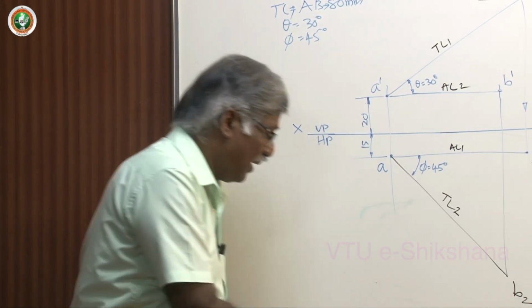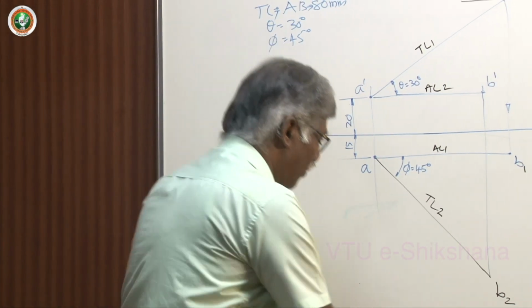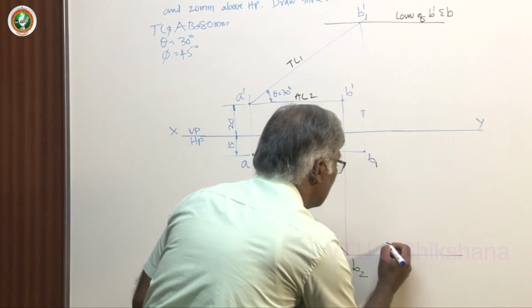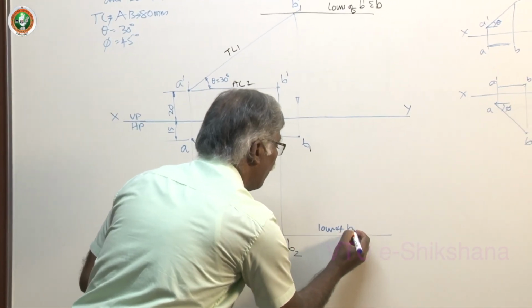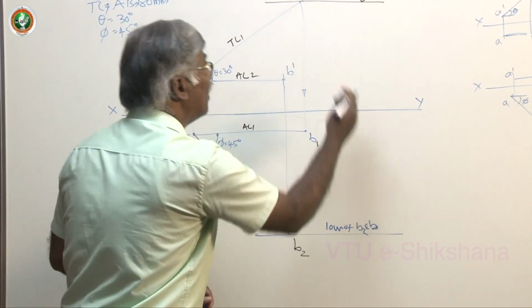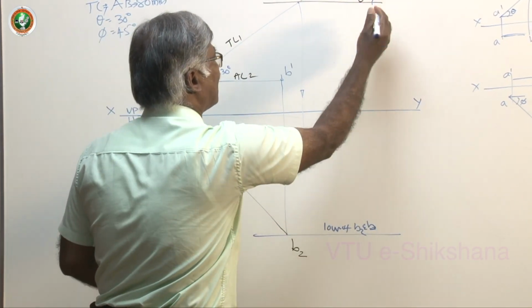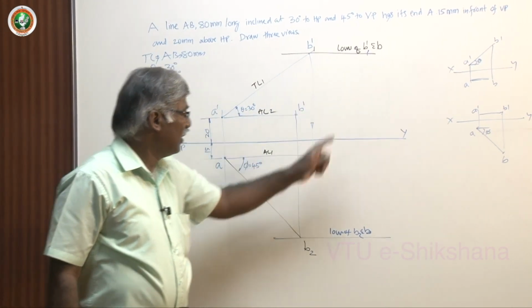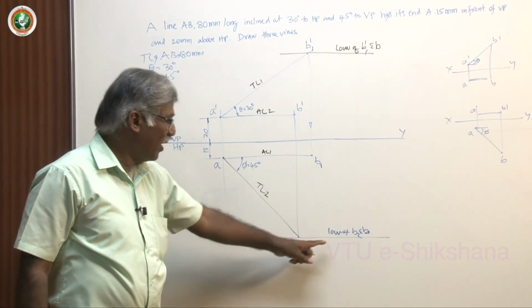So I can always draw the locus through B2. This is the locus of B2 and finally you get B. Here initially it is B1 dash, here it is B.